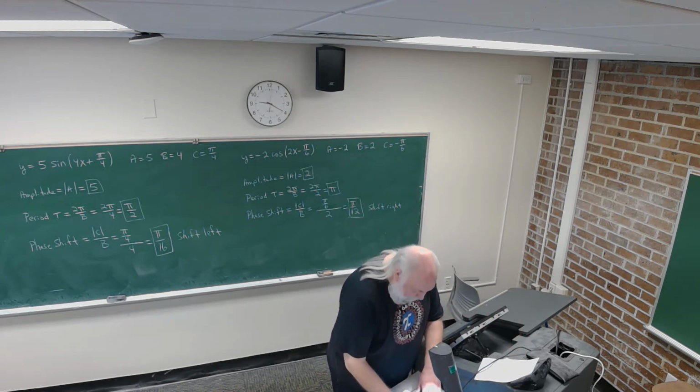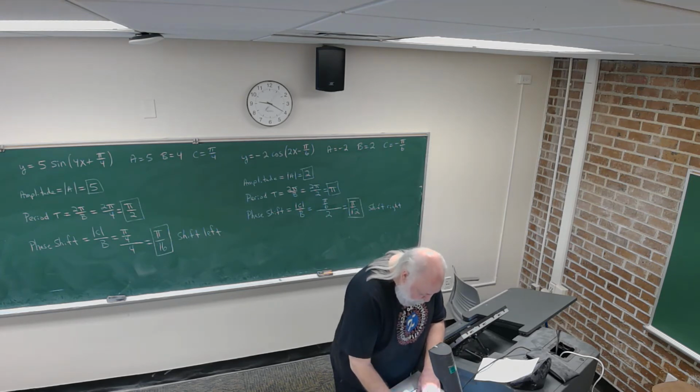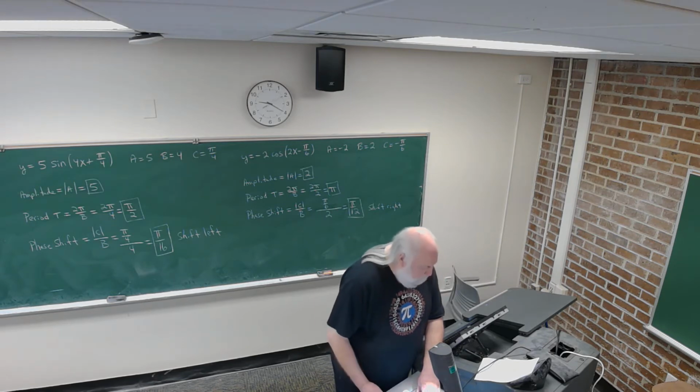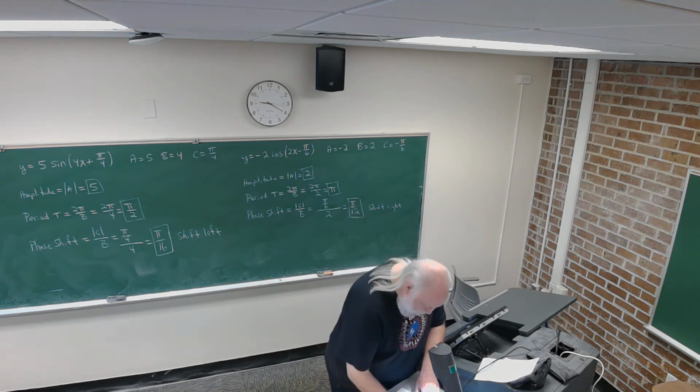So we're going to graph the transformed sine function f of x is equal to 3 times the sine of 2x minus pi over 4. And so you can see for this example, A is equal to 3, B is equal to 2, and C is equal to minus pi over 4.